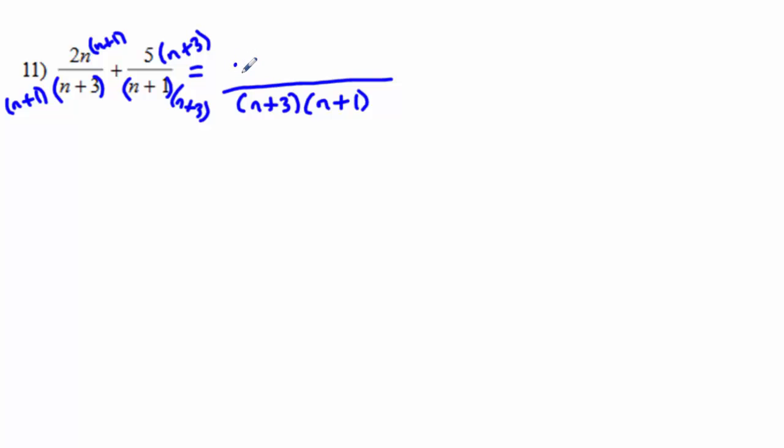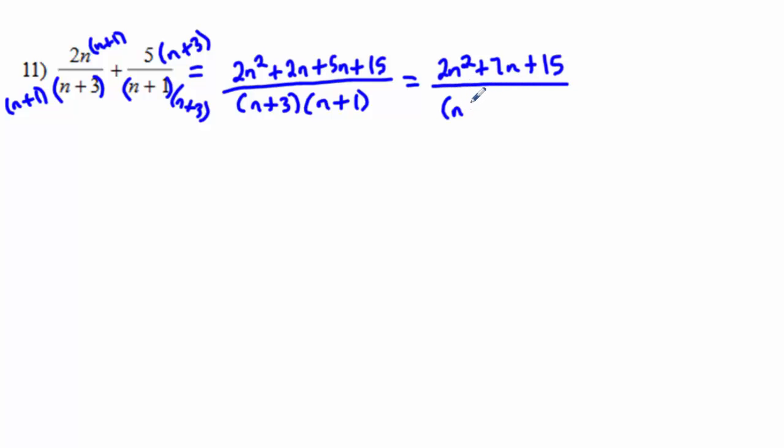So 2n times n is 2n squared, 2n times 1 is 2n, 5 times n is 5n, and 5 times 3 is 15. So I have like terms in the middle, and now if I wanted to try to factor the top, since it's a 2n, I'd have to slide and divide.